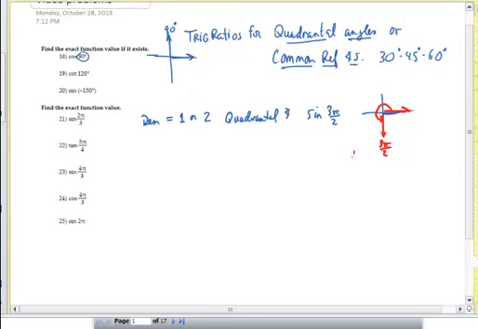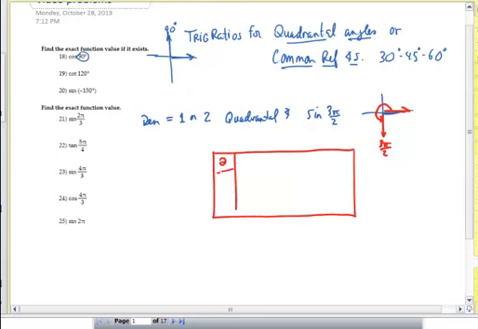So I'll just draw that chart just so that you have it. But it's very important that you understand when to use this chart and when not to.